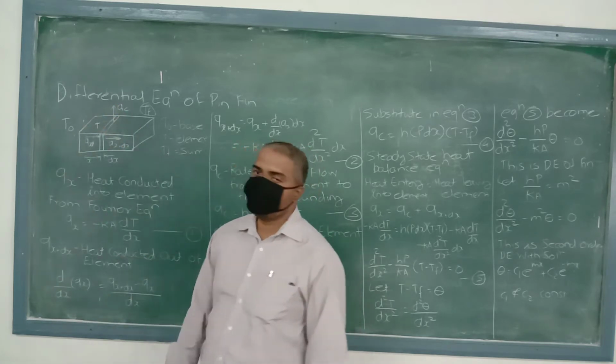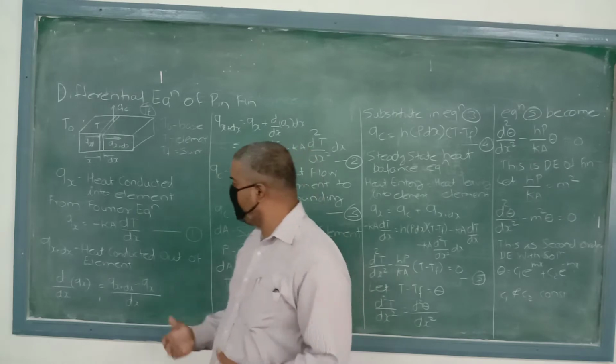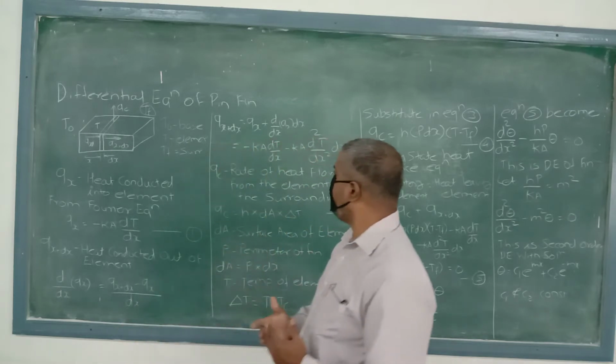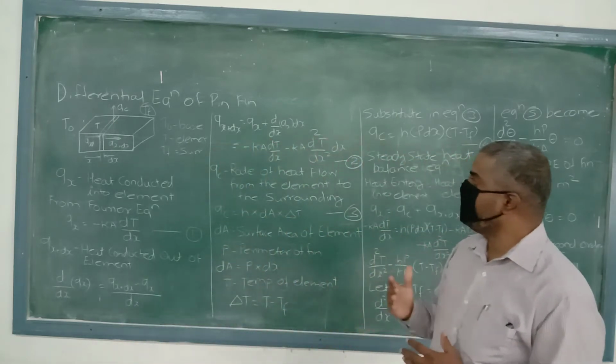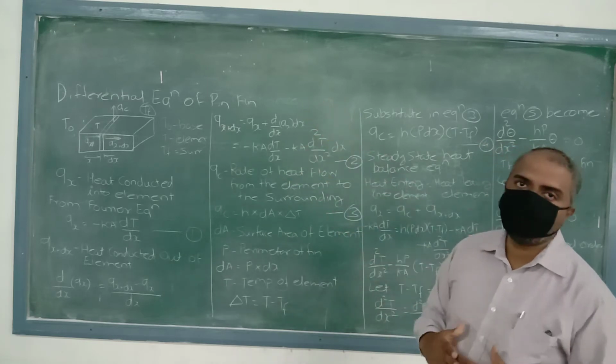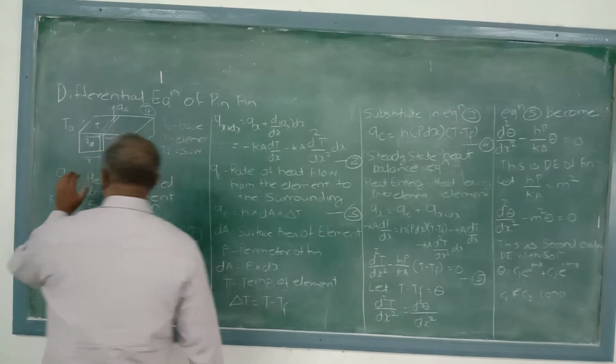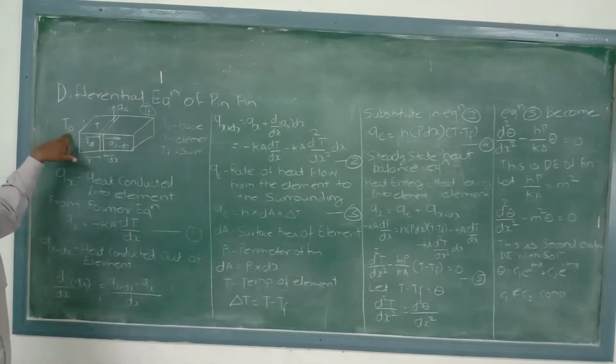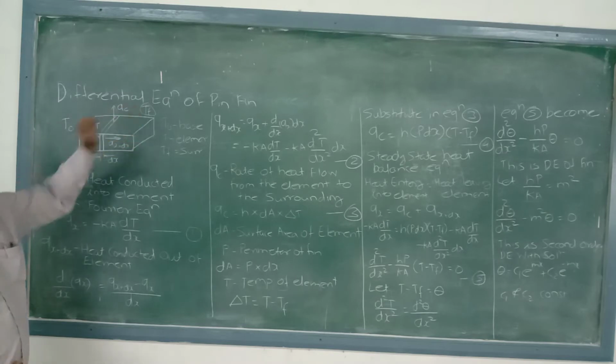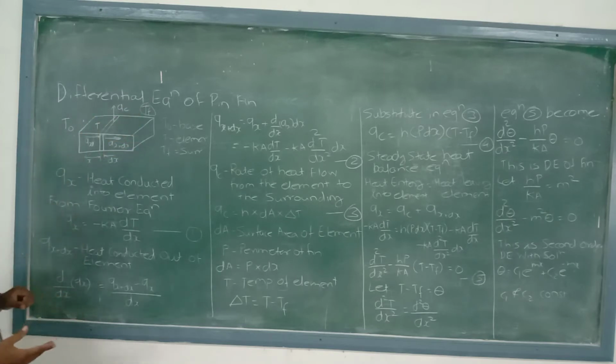Now Qc is the rate of heat flow from the element to the surrounding. If you observe, T0 is again the temperature of the base, T the temperature of the fin, Tf the temperature of the surrounding.